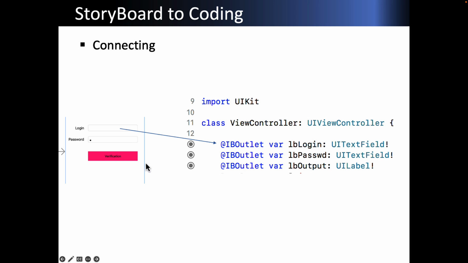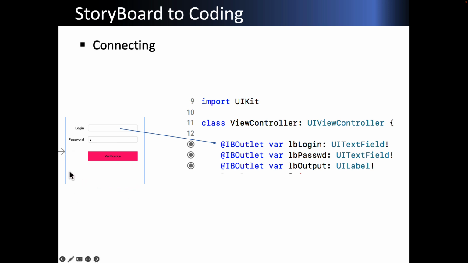Same thing, a button needs to be connected. Anything that you think you need to use, or refer to in your code, you need to connect it. Otherwise, this variable has nothing to do with the components on the view. All right.